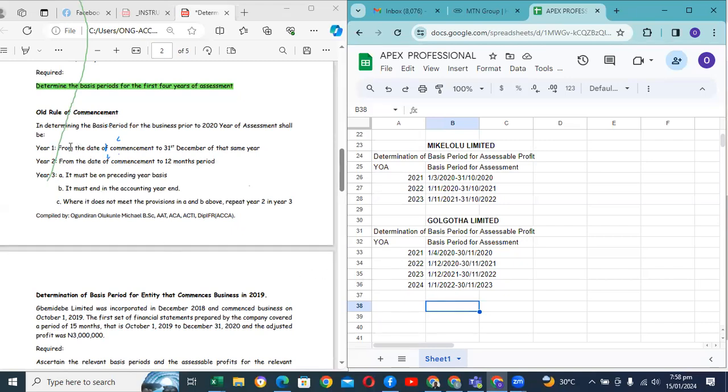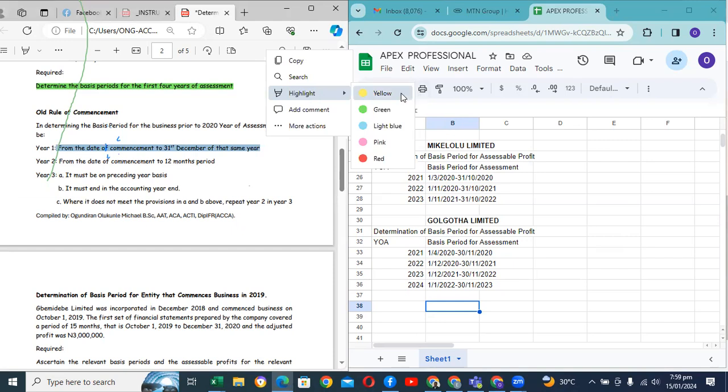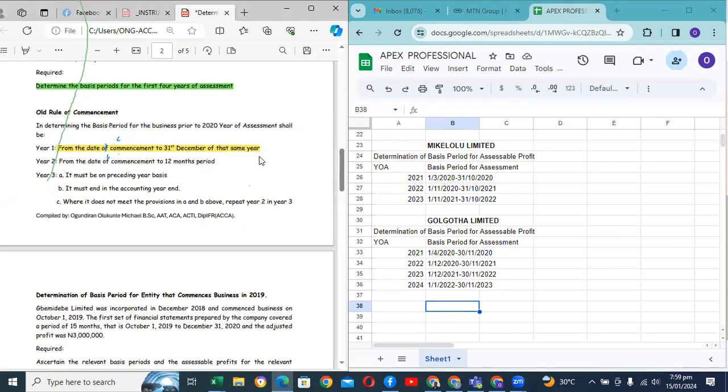But for you to understand what the old rule was saying, and I'm sure quite a number of you will remember this from your undergraduate days, the basis period shall be from the date of commencement to the 31st December of that same year for the first year of assessment, right?